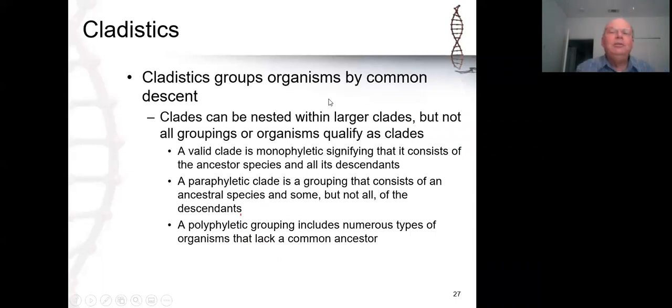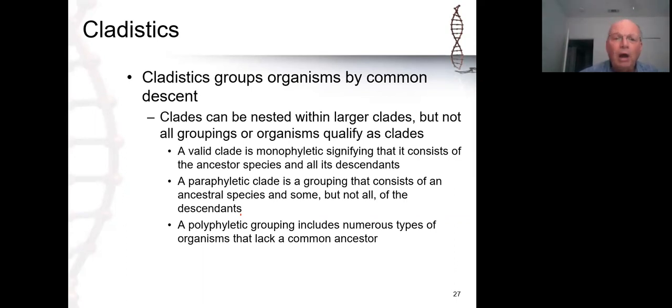So now we are going to begin looking at the actual process by which we use the combination of fossil data, morphological data, and especially molecular data at the DNA level to create phylogenetic trees. The process is called cladistics.